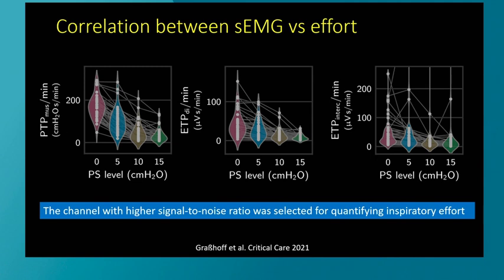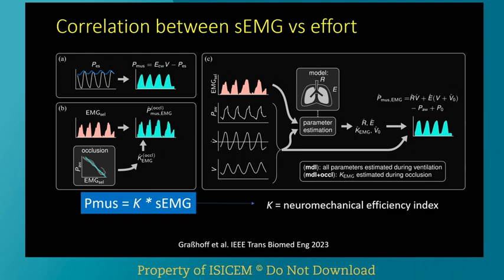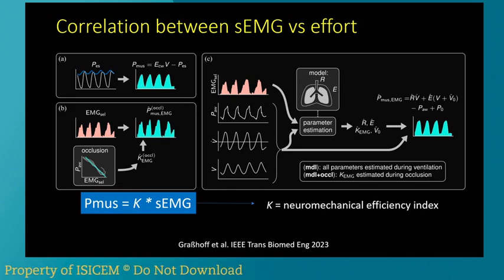So it seems that it could be correlated at some point, and we can improve this correlation if we take into account the neuromechanical efficiency index, which is the relation between how much pressure I have related to the activity. The only issue is that this index may vary in the same patient from one day to another according to the status of the patient.